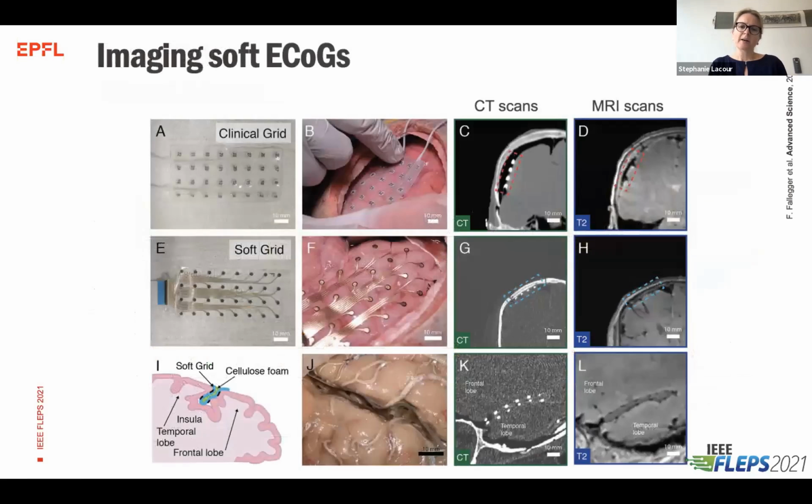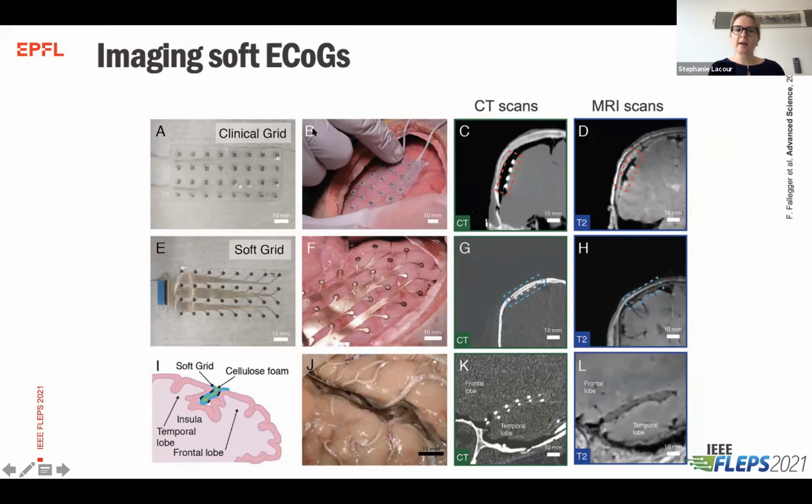Another part that is very important when thinking of clinical translation is that the surgeon in particular, and the neurologist later on, want to be able to see where the device is positioned on the surface of the brain after implantation. What you see here, the top row, is a clinical grid, in an experiment we had the opportunity to conduct in a human cadaver at the University Hospital here in Geneva.